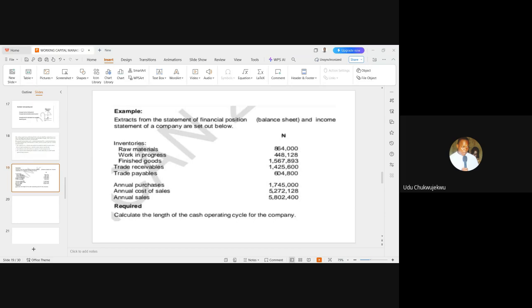Where the opening stock and the closing stock are given, we add them and divide by 2 to get the average. Fine.